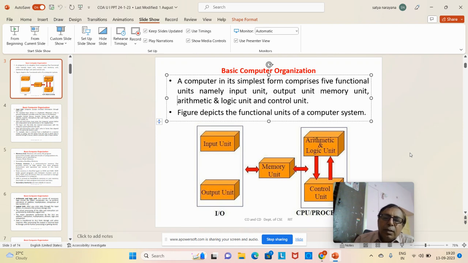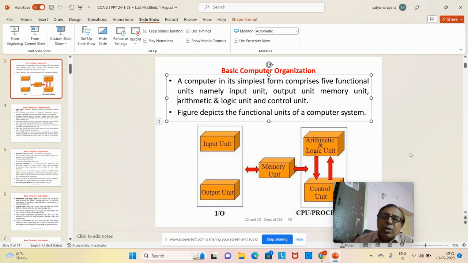So input devices and output devices, and next we want to discuss the memory unit. Memory unit is generally divided into two types: primary memory and secondary memory.